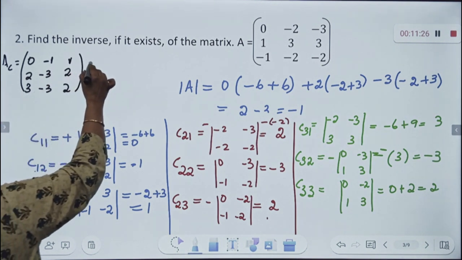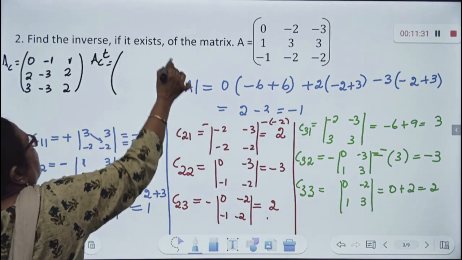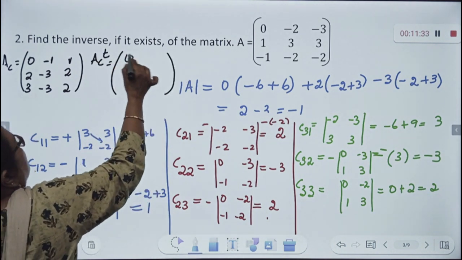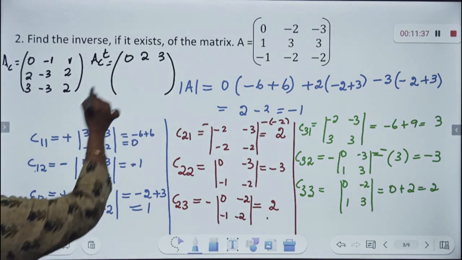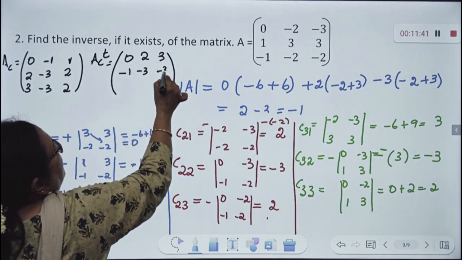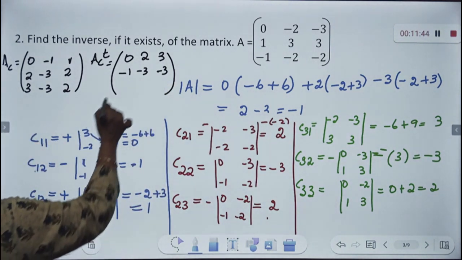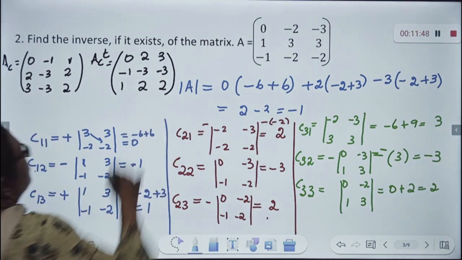The adjoint, C transpose, will be, I will transpose it. So 0, 2, 3, minus 1, minus 3, minus 3, then 1, 2, 2.